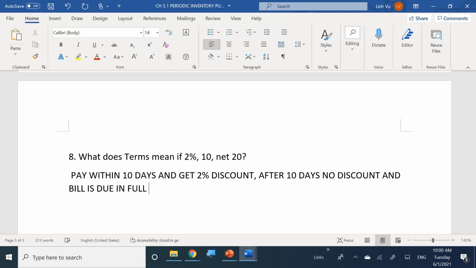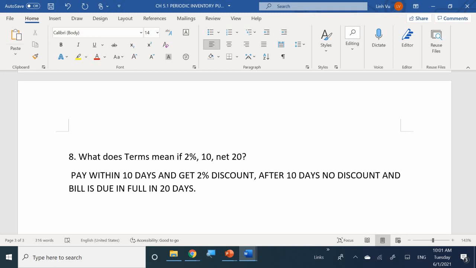So in that definition, they're giving a 2% discount within 10 days, but then they give an extra 10 days, and then they have to pay the full amount. Correct. So the terms are: if you pay within 10 days, I'll give you a discount.